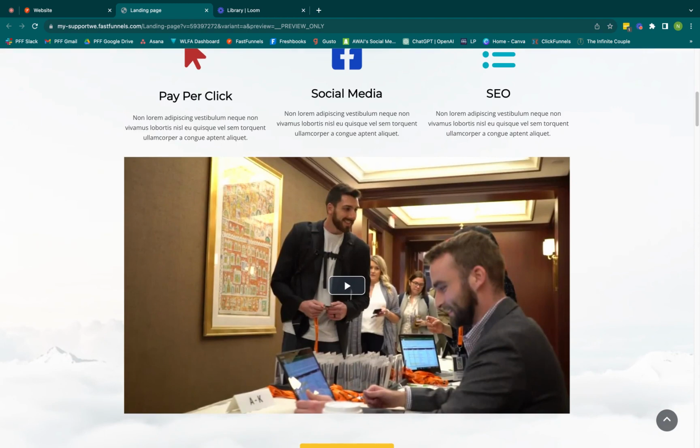If you have some video footage from a previous event of people coming in, getting their registration packets, getting their badges, getting their goodie bags, if you have like a marketing video or something like that, this is a really good place to put that because it allows the audience who's visiting your page the opportunity to see themselves in it.